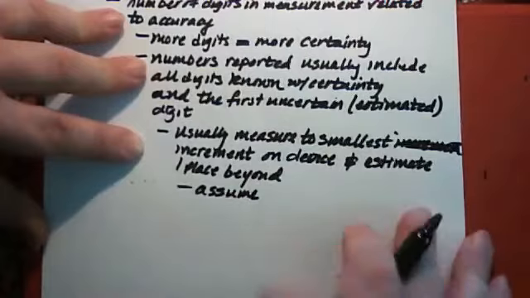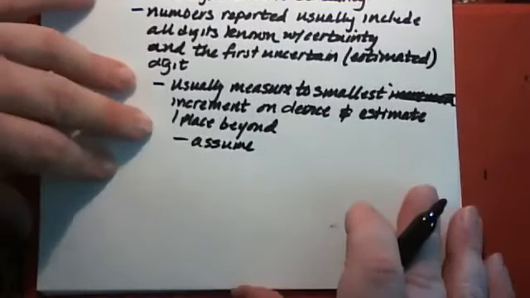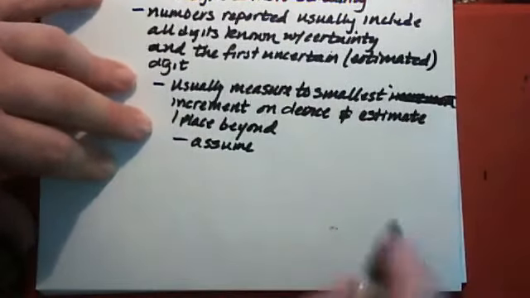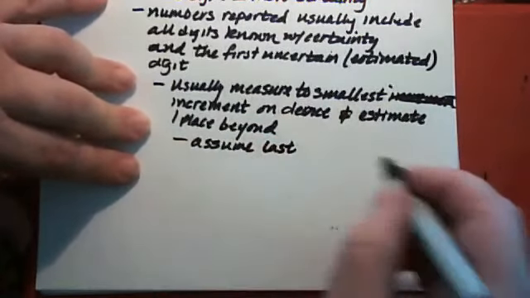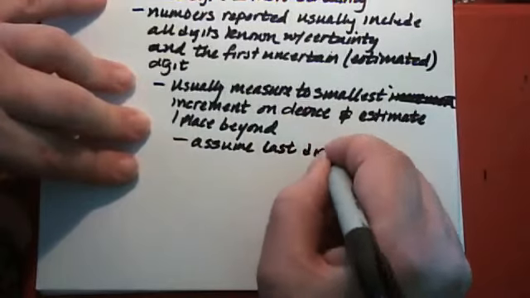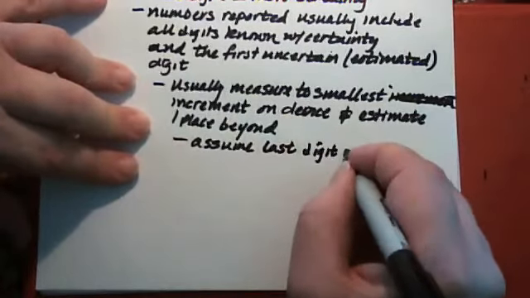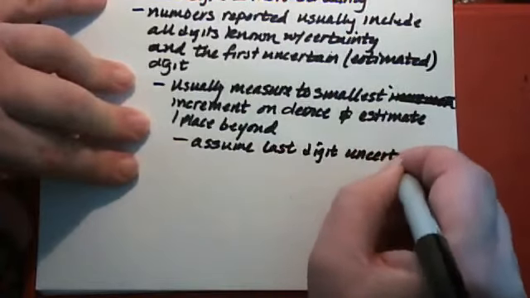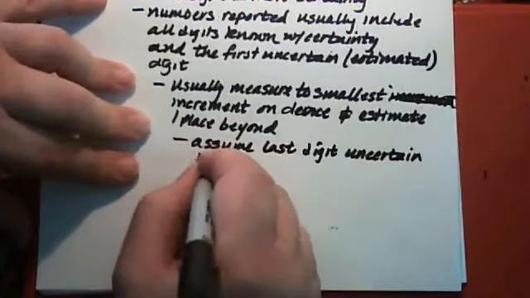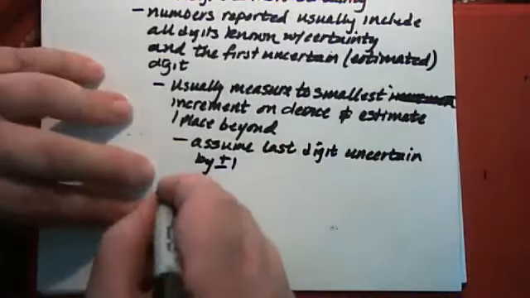And because we estimate the last digit in any properly taken measurement, we generally assume that the last digit reported for any measurement is uncertain by plus or minus 1.